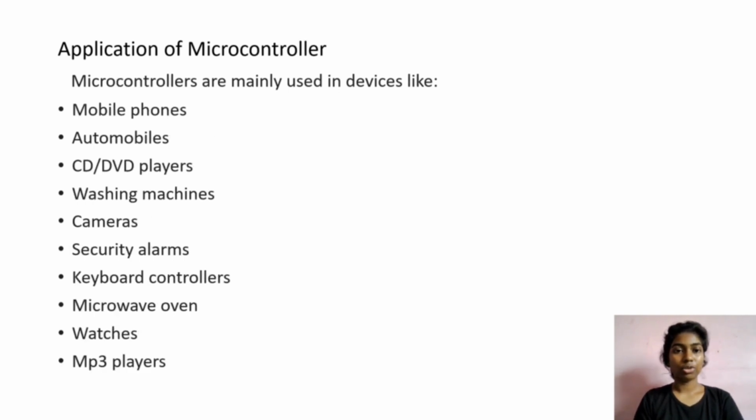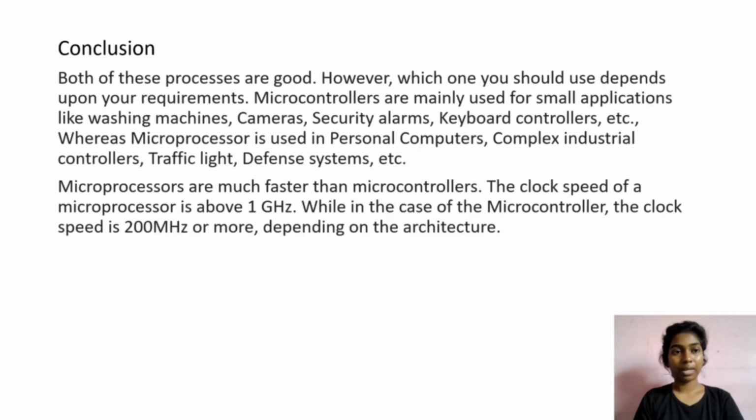Applications of microcontroller. Microcontrollers are mainly used in devices like mobile phones, automobiles, CD or DVD players, washing machines, cameras, security alarms, keyboard controllers, microwave ovens, watches, and MP3 players.